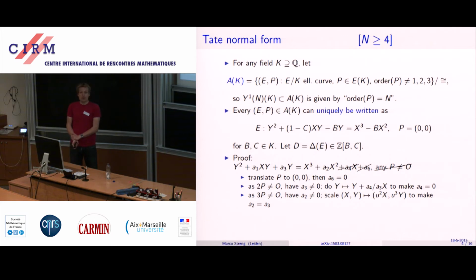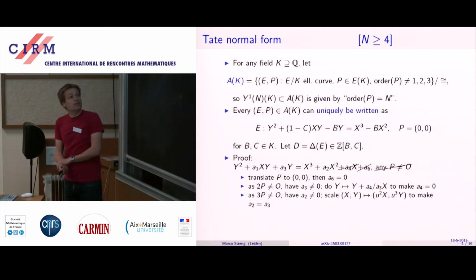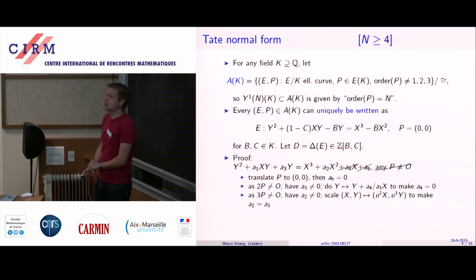And if you know what all the possible isomorphisms of elliptic curves in Weierstrass form are, then you know that these transformations are all that you're allowed to do with elliptic curves.